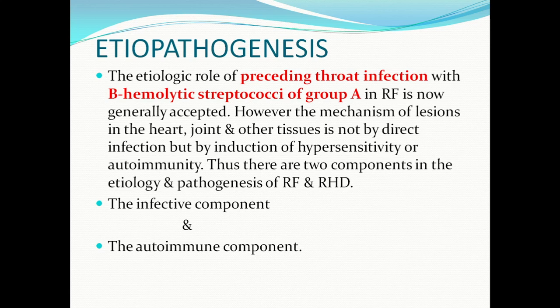However, the mechanism of lesions in the heart, joints and other tissues is not by direct infection but by induction of hypersensitivity or autoimmunity. Thus, there are two components in the etiology and pathogenesis of rheumatic fever and rheumatic heart disease: the infective component and the autoimmune component.